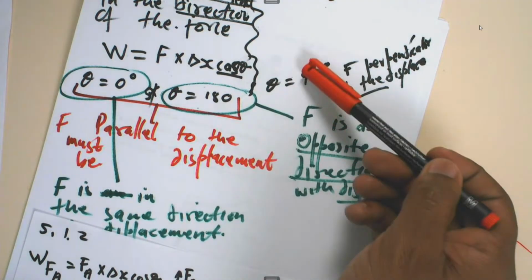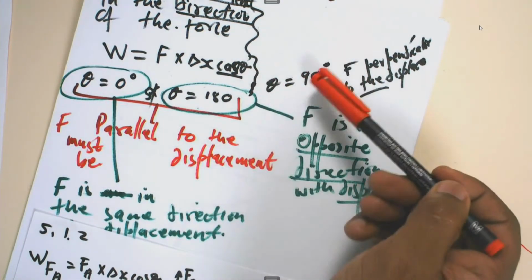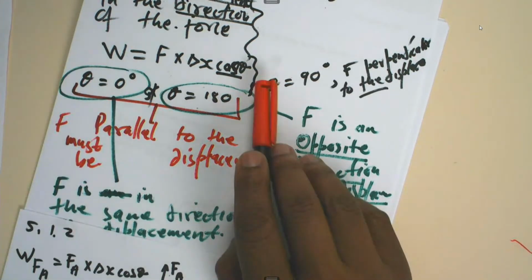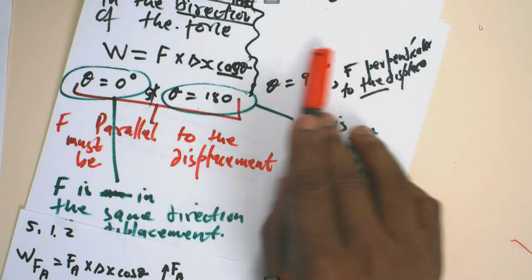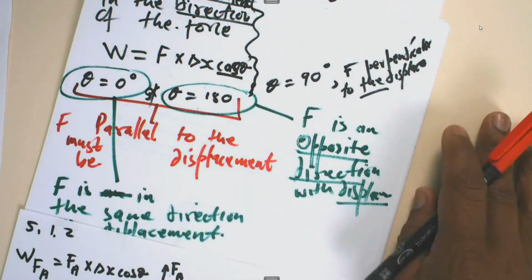I will emphasize that. Once you substitute 90, remember no work is done, unless you are being asked why perpendicular forces are not doing work. That will be because F is perpendicular to the displacement, and then thereof you substitute cos of 90 here, and everything becomes 0.